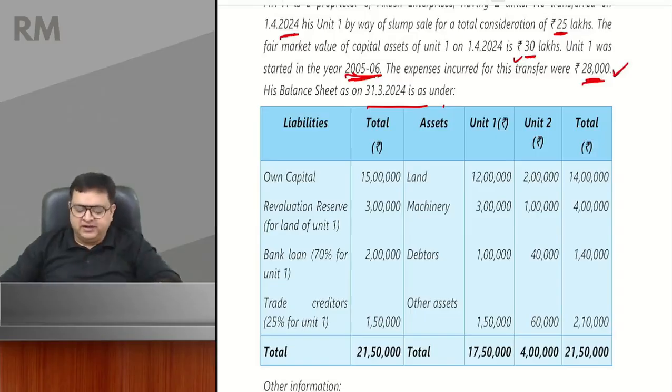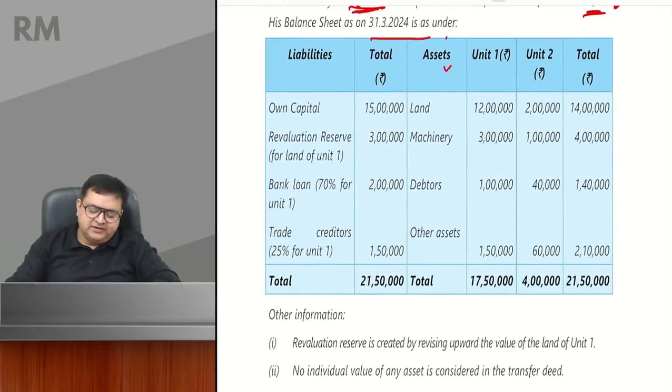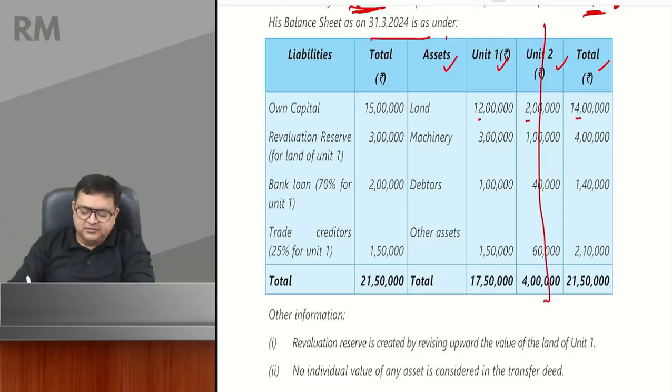Net worth we will calculate. Let us calculate the net worth. How is net worth computed? On the asset side: unit 1 assets, unit 2 assets, and the total assets. I do not need unit 2 assets or the total column.